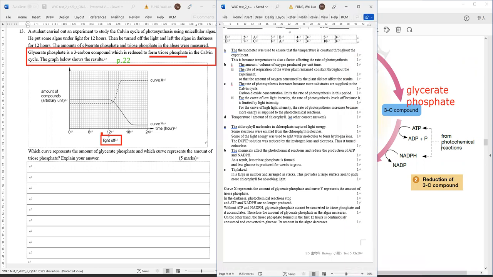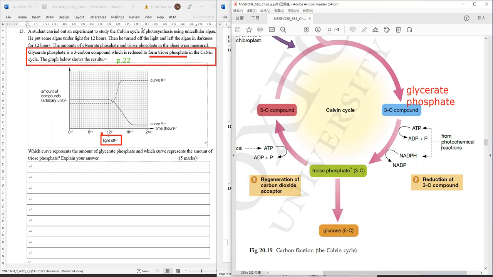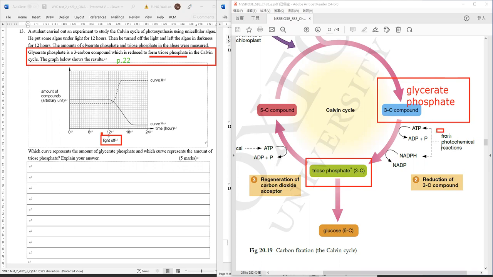You can check from your model answer. First of all, you have to focus on this part and this part first. When light is turned off, the photochemical reaction stops. So you cannot produce enough ATP, you cannot produce enough NADPH.